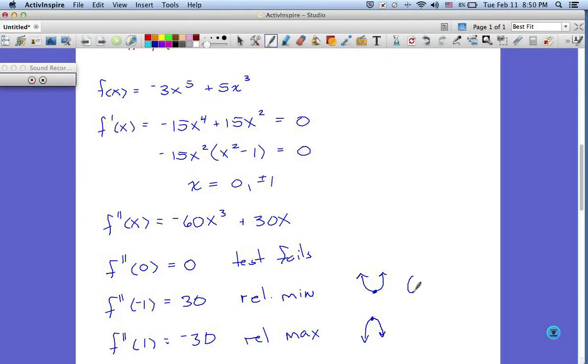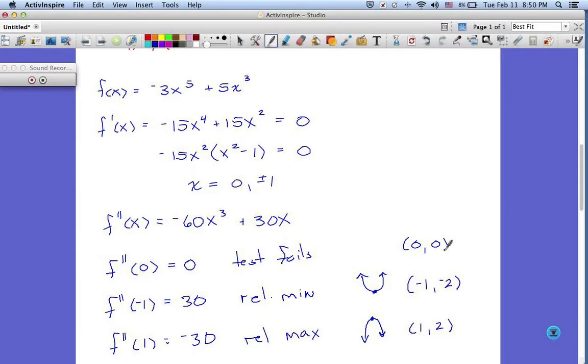Specifically it'll be negative 1, comma. If I put a negative 1 in here, I get 3 minus 5, so it would be negative 2. And if I plug a 1 in up here, I get negative 3 plus 5, so I get 2. And this point where it failed was 0, 0.